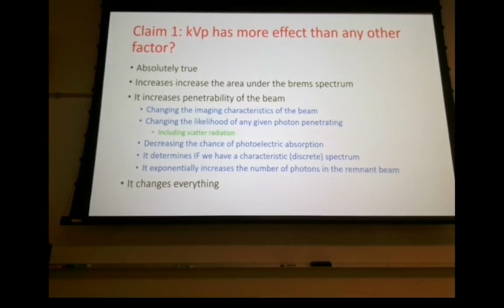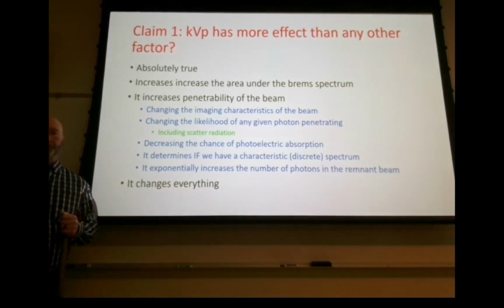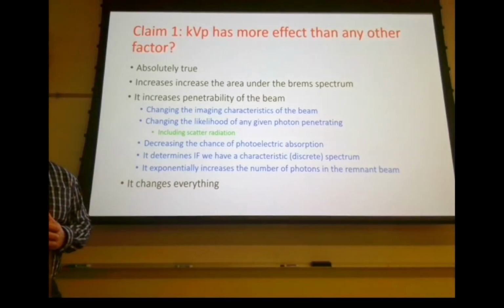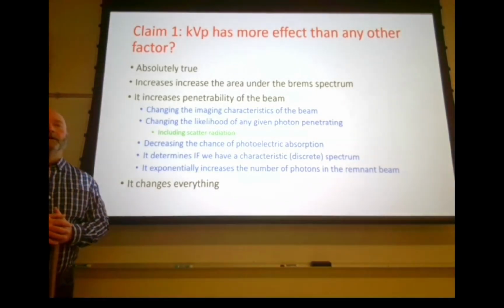There's nothing that it doesn't change. It changes quantity, quality, penetration, interaction inside of the patient, and interaction at the image receptor. Nothing goes untouched by changes in kVp. It will decrease, in a way, scatter, because there's more penetration. It goes right through if you increase kVp.